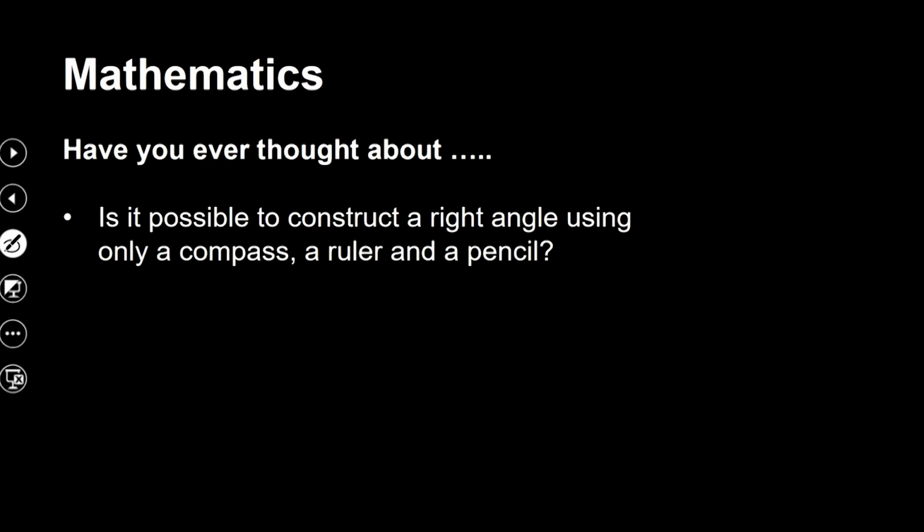Remember we're still looking at how to construct a right angle using only a compass, a ruler, and a pencil. But to do that, we're going to talk about an investigation. Remember, a chord goes from one point of the circumference to another point of the circumference.